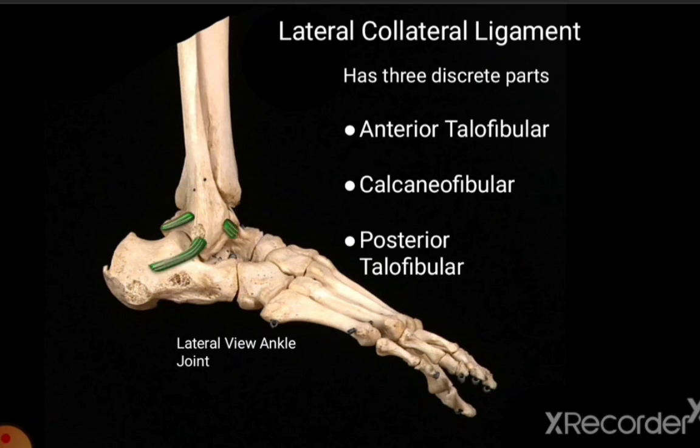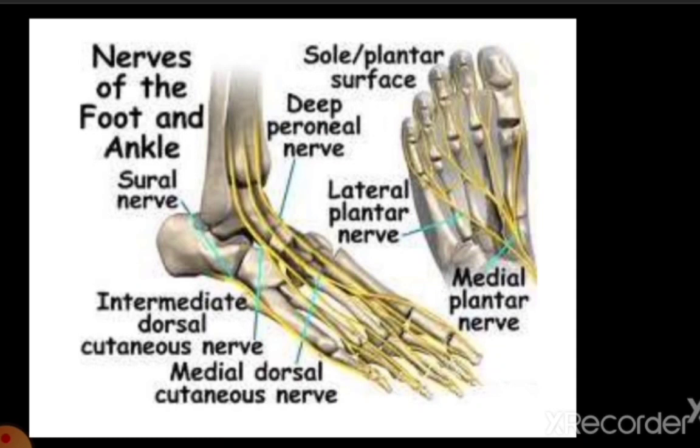So these are the three parts in the lateral collateral ligaments. Now the nerve supply of the ankle joint is by medial and the lateral plantar nerve, which are the branches of tibial nerve.